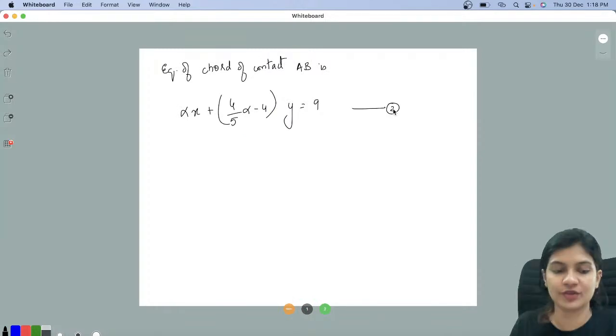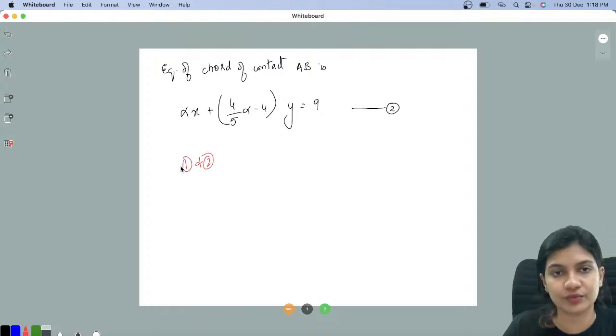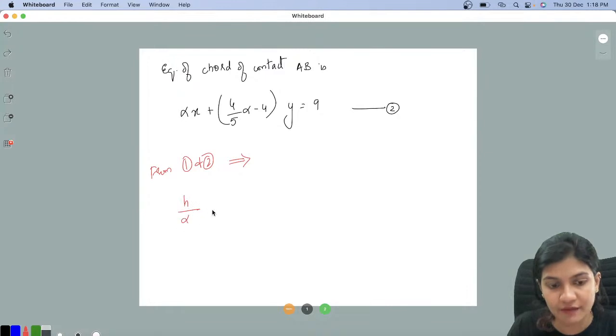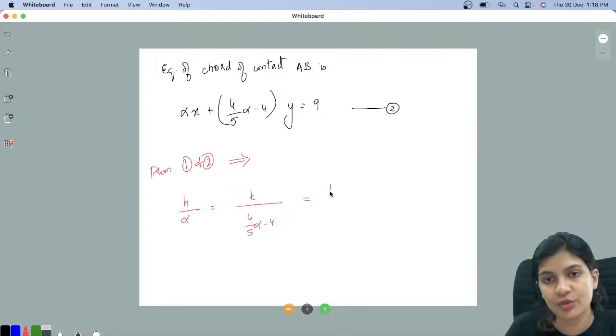Comparing the first and second equations, we get that h upon alpha will be equal to k upon 4 by 5 alpha minus 4, which will be equal to h square plus k square upon 9.